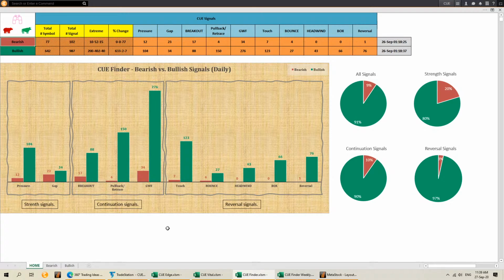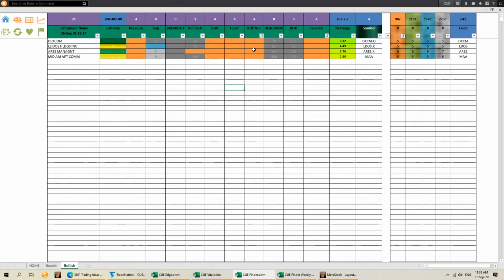In this case, I decided to look at reversal trades. Then I went to the bullish tab and looked for bounce trades that were also giving bullish flow, reversal setup, and high pressure. And I found some precise trades from them.